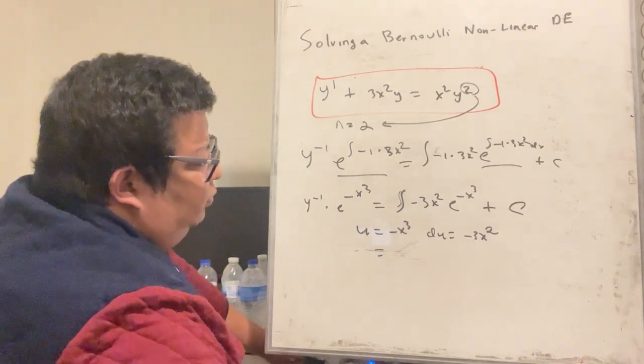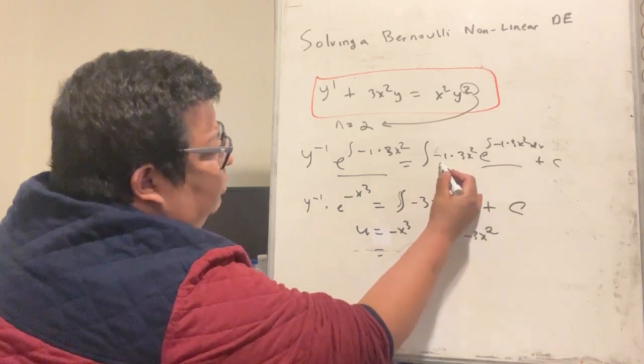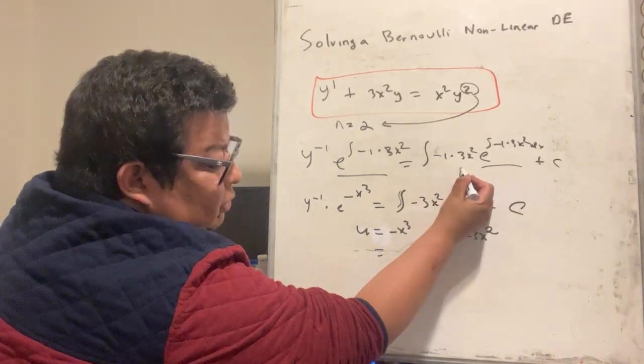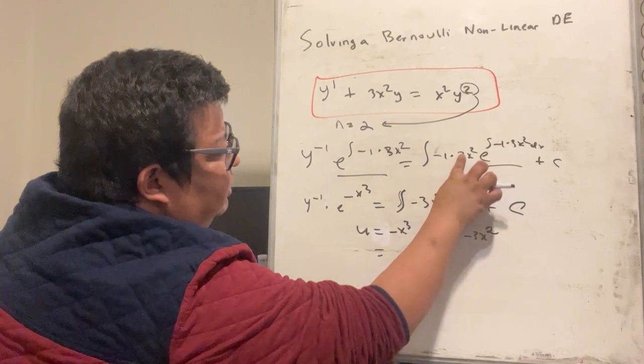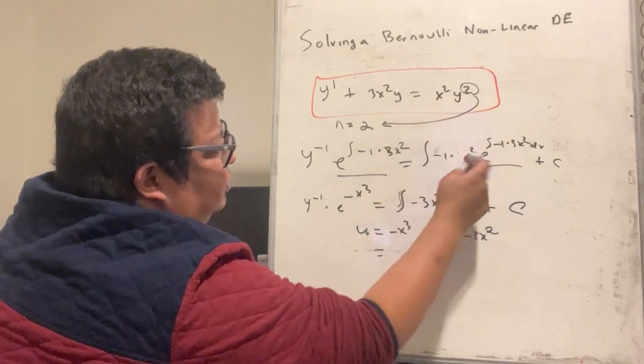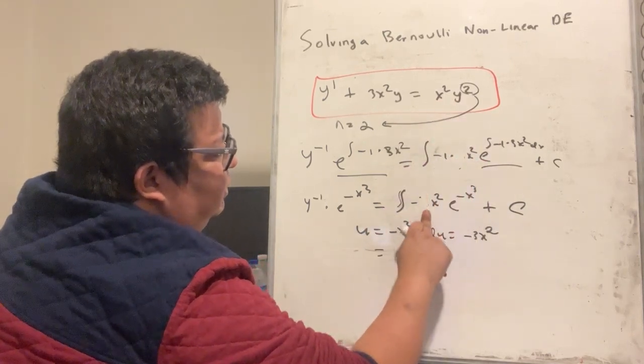Okay, let's see. Here we have minus 1 times q(x), actually it's x squared. So x squared and x squared here.